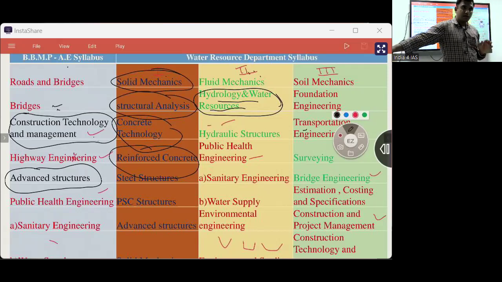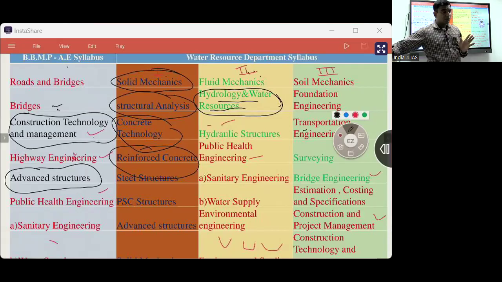Clear? Standard Proctor and modified Proctor. For normal general roads, we will go for standard compaction, nothing but Proctor. It is also called light compaction. Heavy compaction will go with the runways. Airports or the runways, there we go for heavy compaction.